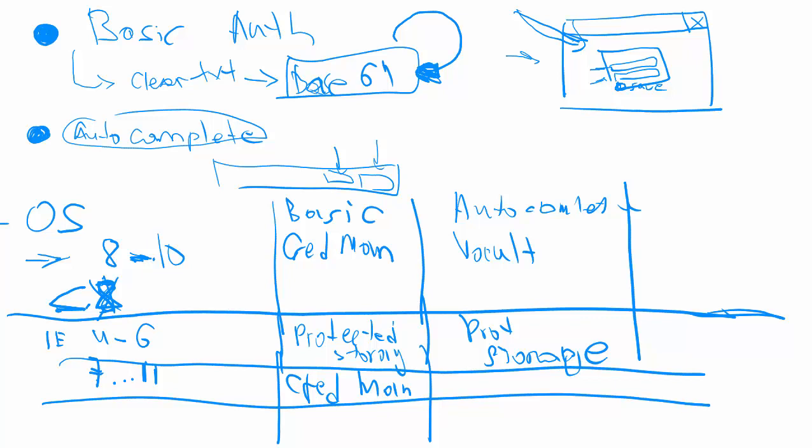But for auto enrollment passwords, with the OS level lower than Windows 8 and the Internet Explorer version 7, 8, 9, 10, and 11, the autocomplete passwords will be saved inside of the Internet Explorer protected storage.